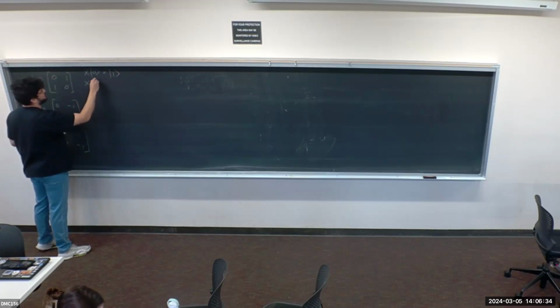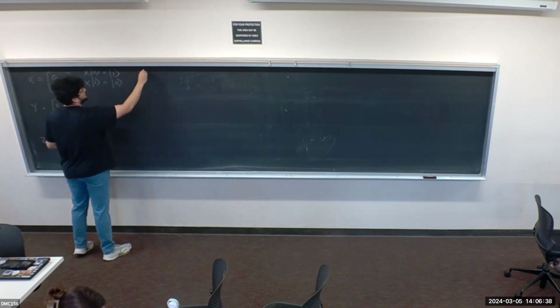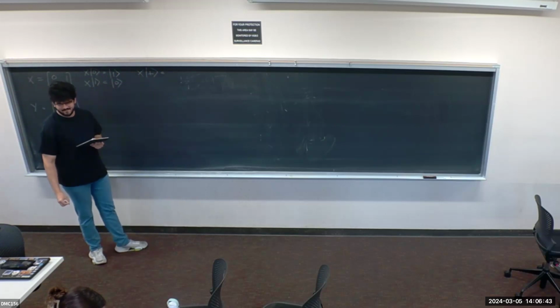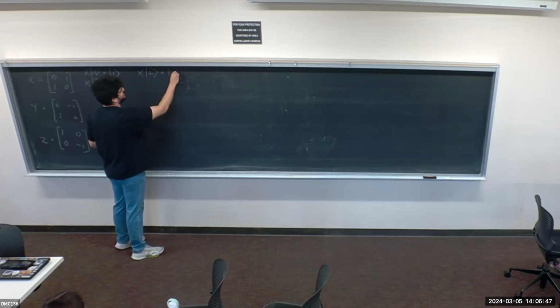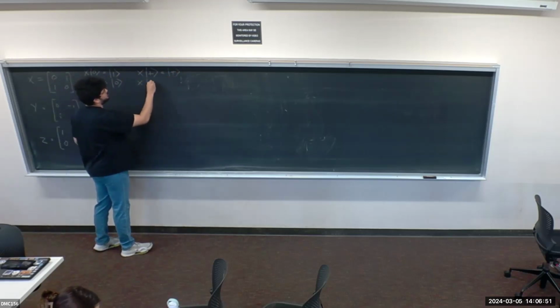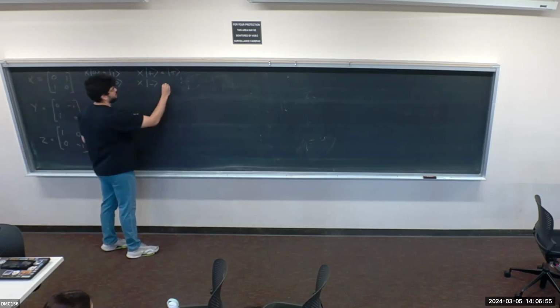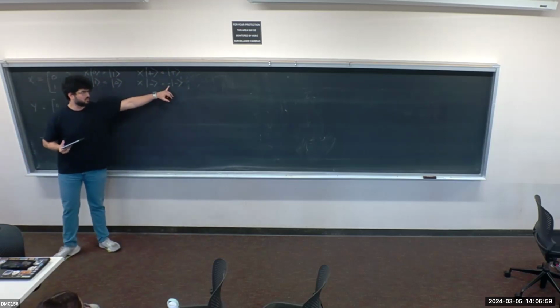If X acts on 1, what do we get? 0. If X acts on plus, what do we get? We still get plus. And if X acts on minus, what do we get? Minus. Yeah, so you get a minus coefficient here.